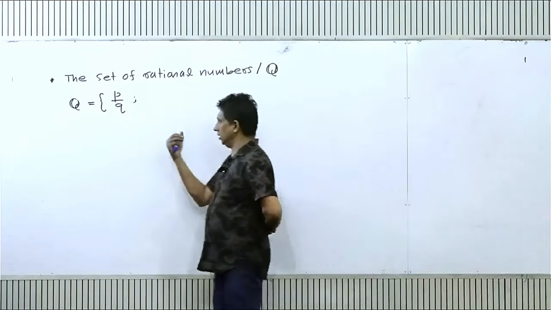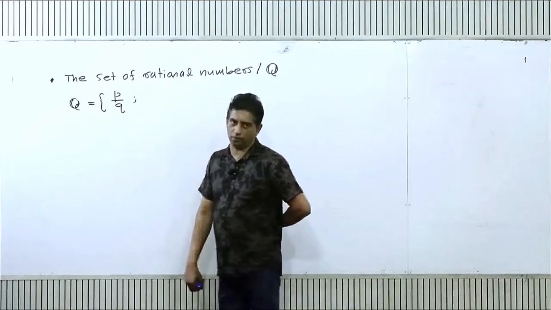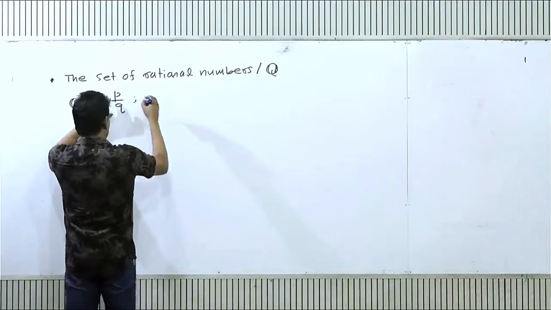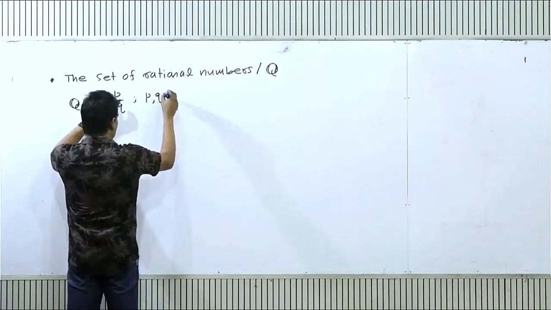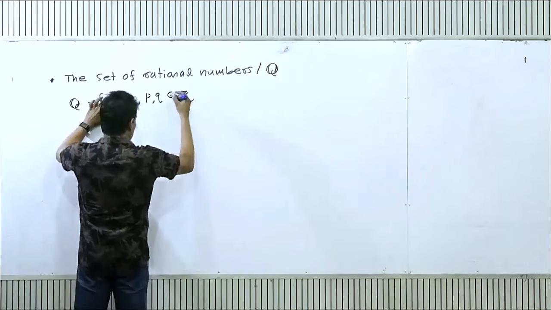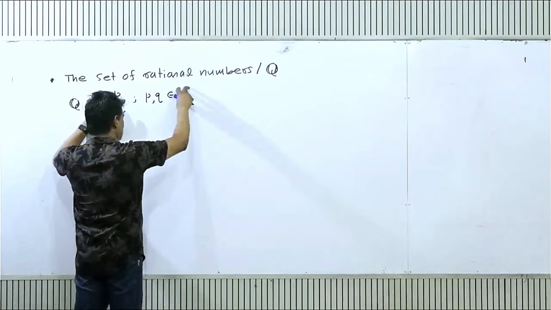Now we have to study what is meant by P and what is meant by Q. Then this is the explanation. This definition says P and Q, P comma Q, element of Z. This is the integer set now.